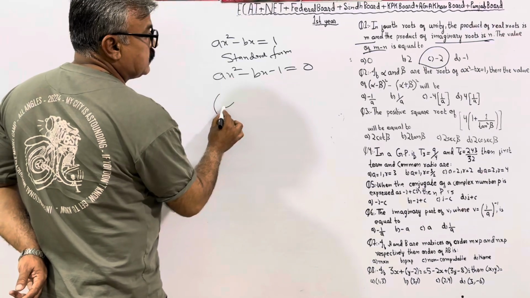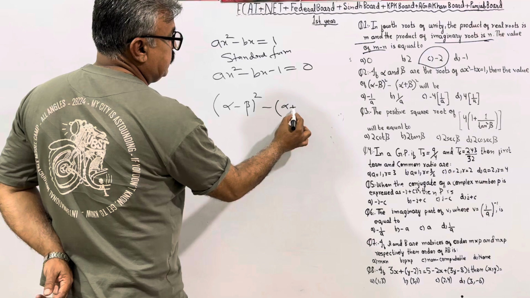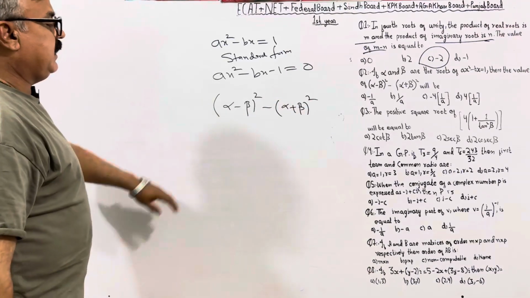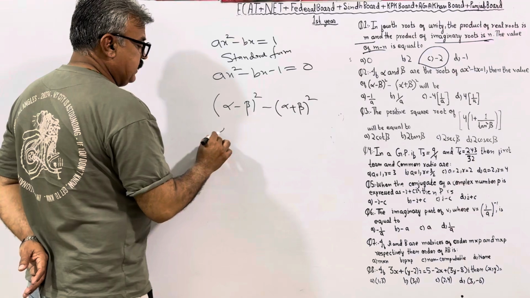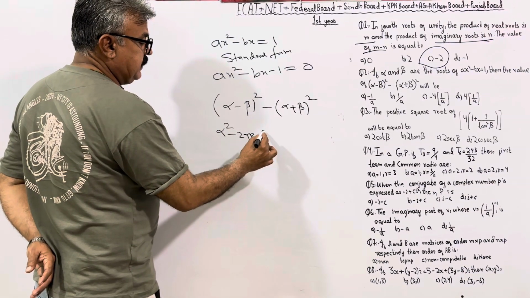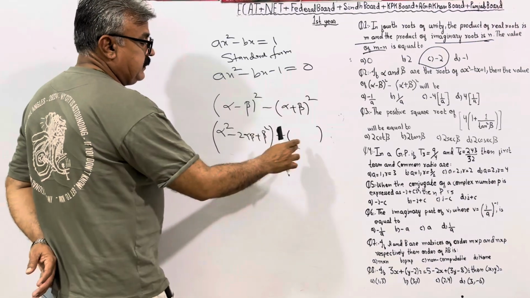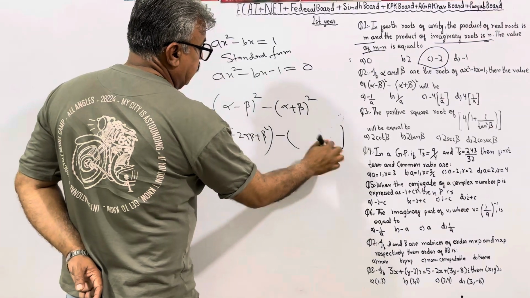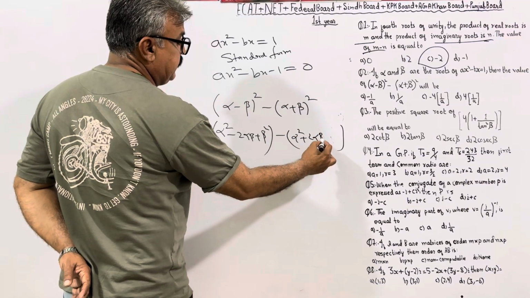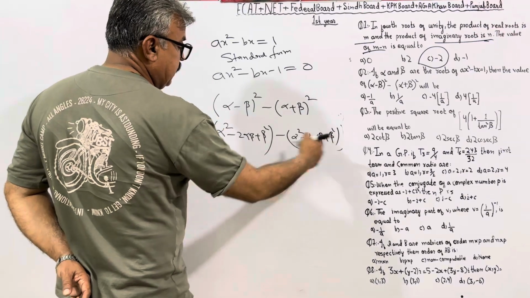We are asked to find the value of alpha minus beta whole square minus alpha plus beta whole square. It's a really simple identity. Open it up: alpha square minus 2 alpha beta plus beta square. There is a minus symbol, so open this up: alpha square plus 2 alpha beta plus beta square, and multiply the minus throughout.